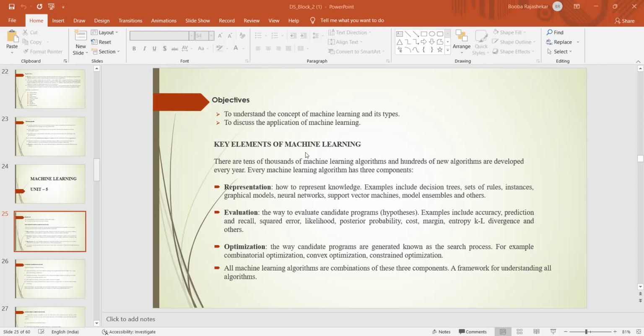It is the way the candidate programs are generated, known as the search process. For example, combinatorial optimization, convex optimization, and constrained optimization. All machine learning algorithms are combinations of these three components, a framework for understanding all the algorithms.